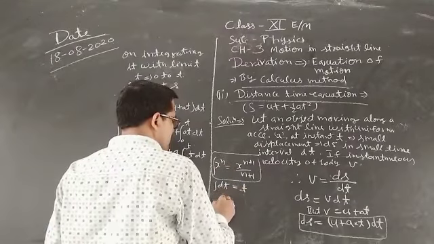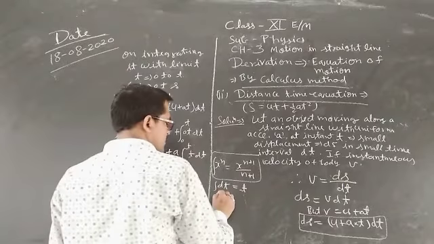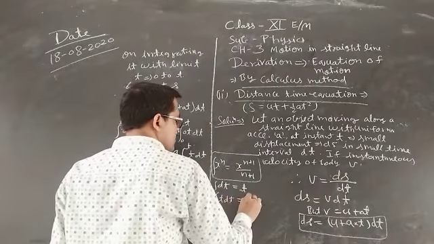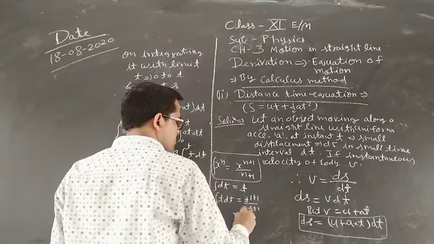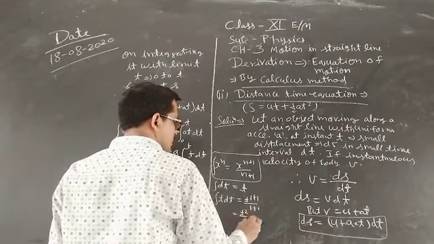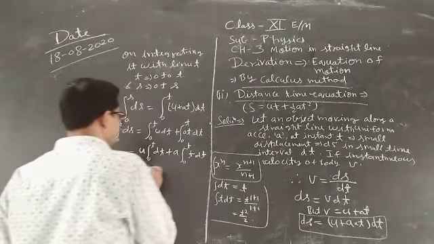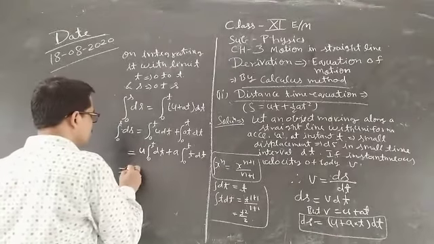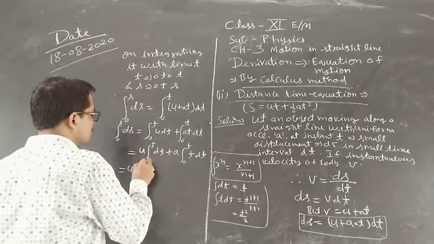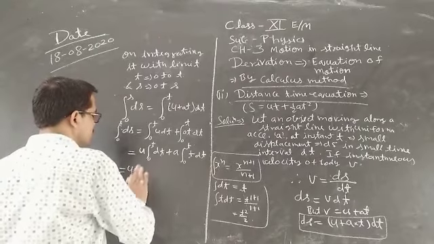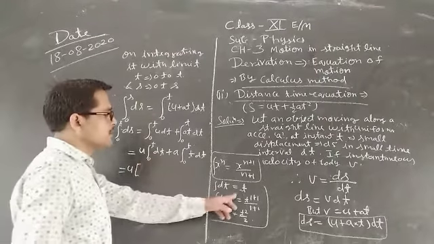And here t is to the power 1, so the integral of t dt is t to the power 1 plus 1 upon 1 plus 1, which means t square by 2. This is the integration. Now you put this value here, with u and limits 0 to t. First we will solve the integral of dt, which gives t.